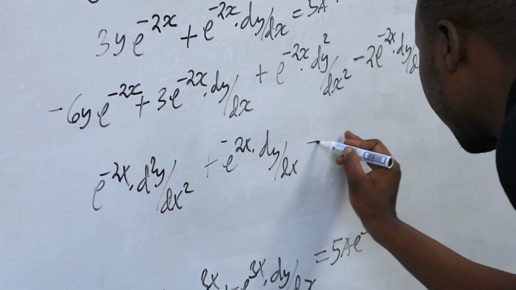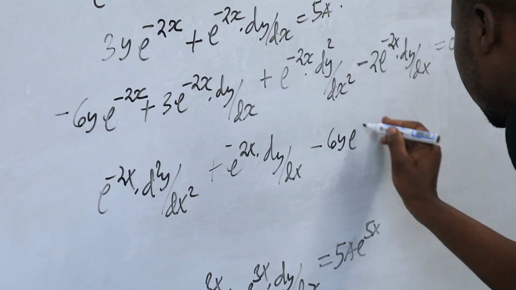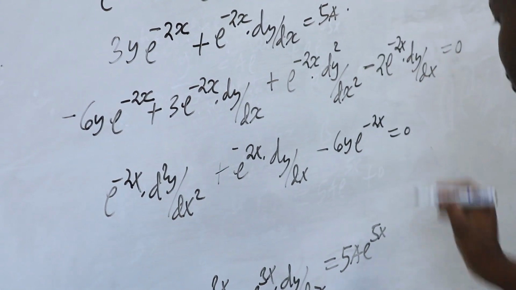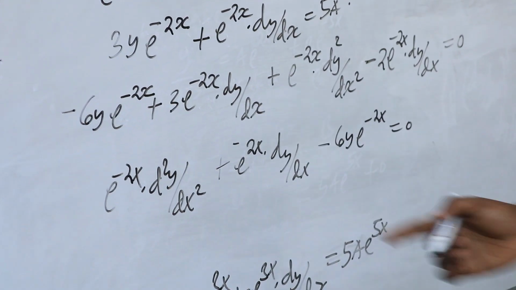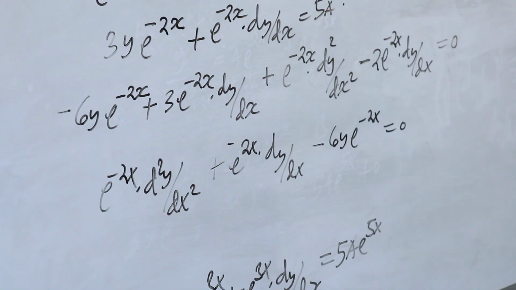Then from there we minus this one, 6y e raised to negative 2x, equals 0. So from here we can divide by e raised to negative 2x.